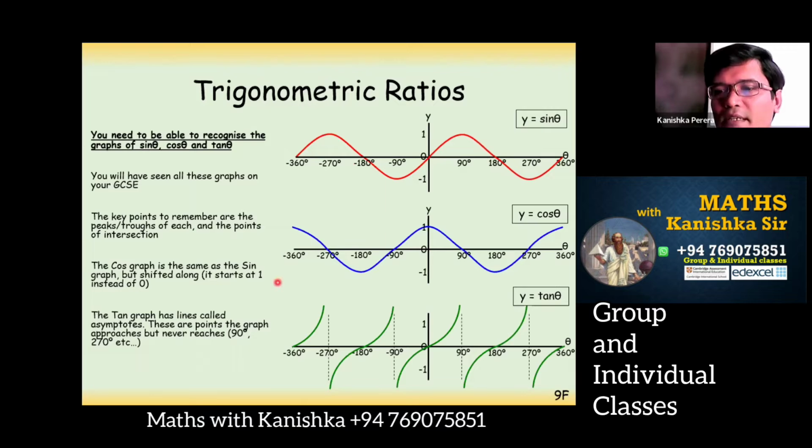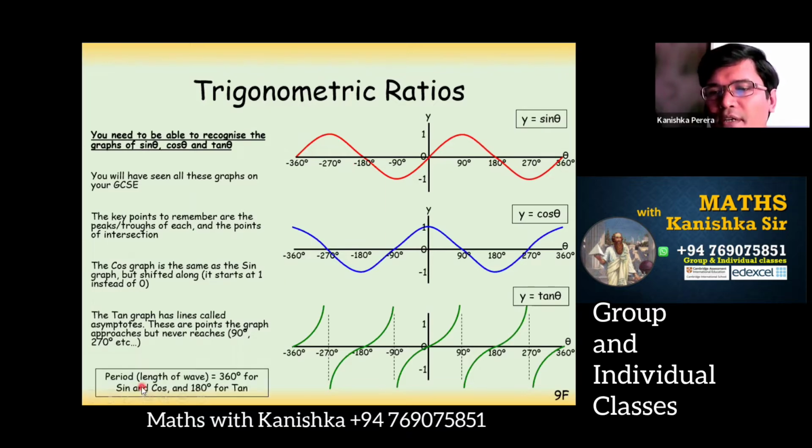Okay, then what? Right, remember the length of the wave is 360 all the time. So that's why we have to memorize things about physics. One wave starts from this particular place, going 0 to plus 360, 0 to minus 360.